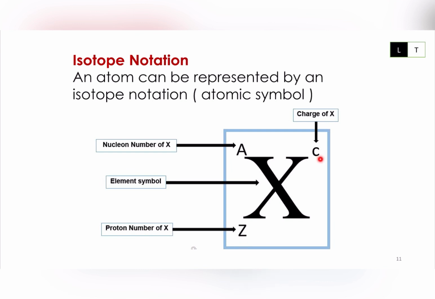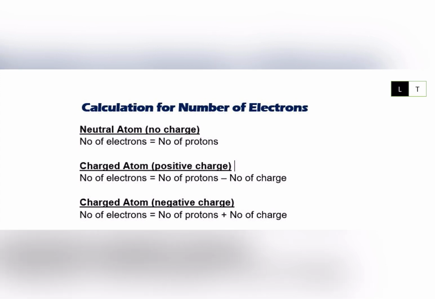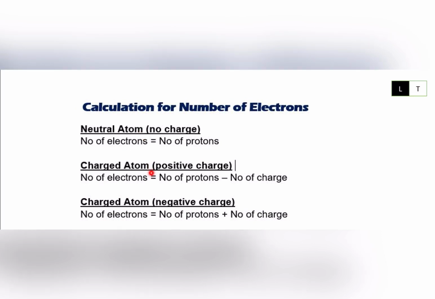I put an extra term here for the charge of the element because sometimes the element that we have to write has a charge. And here is a brief summary of how to calculate the number of electrons based on the charge: whether the atom has 0 net charge, or the second case, a charged atom with a positive sign, and the next case, a charged atom with a negative sign.